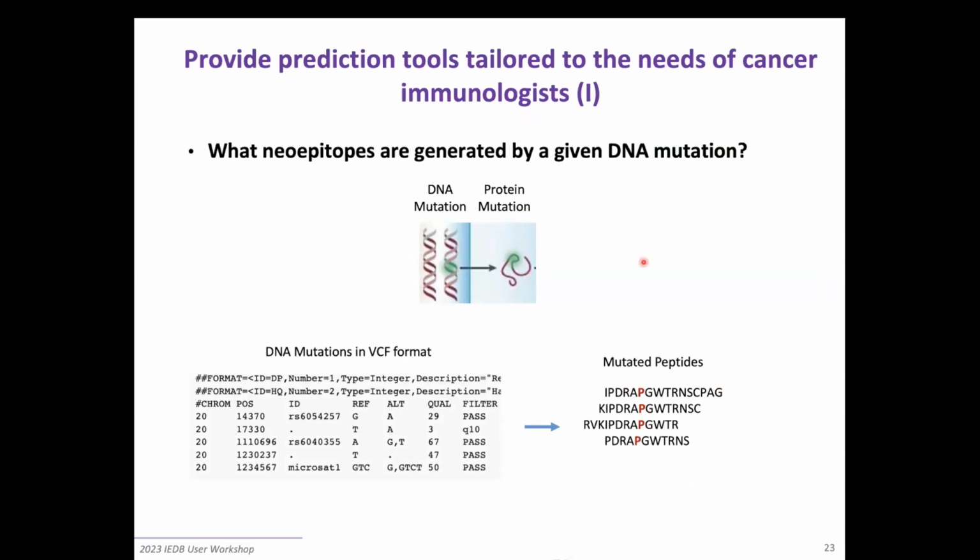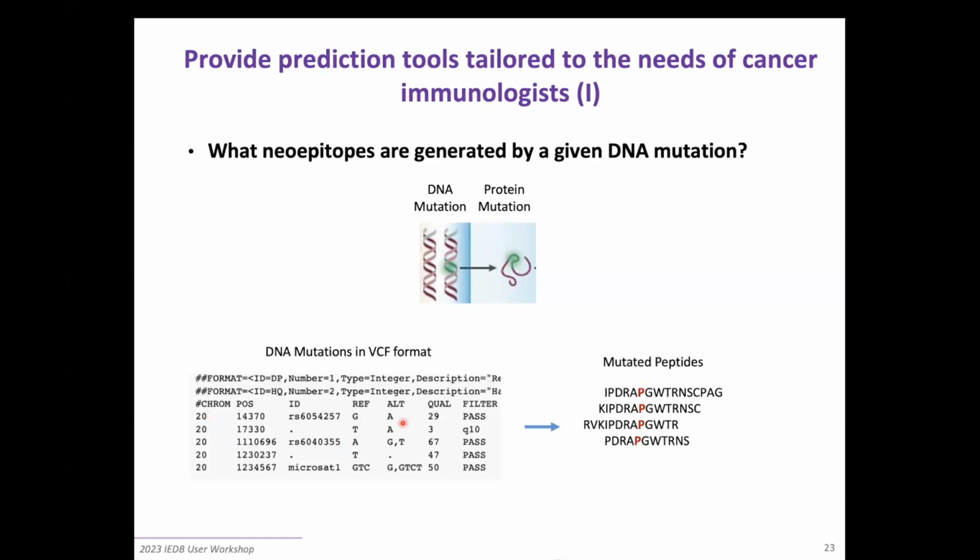So in a practical sense, what the user will always have is the DNA mutations in this VCF format, which is basically a table which details the position of the mutation in the chromosome, and which nucleotide was mutated to which nucleotide.